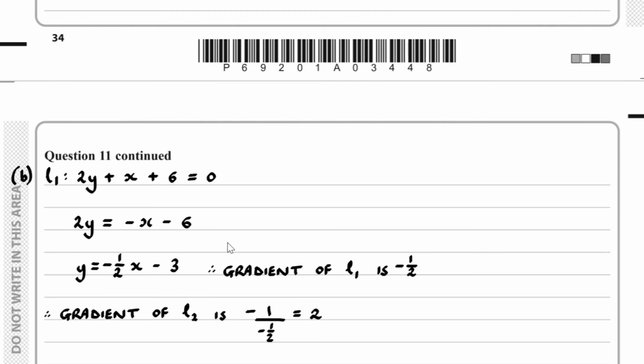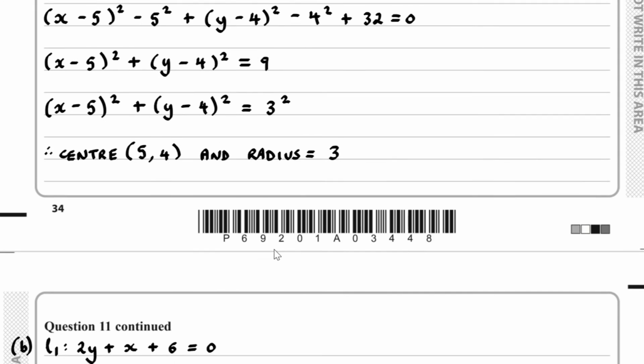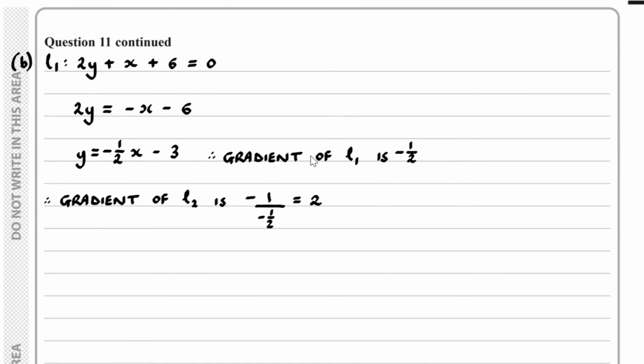So the gradient of L2 is 2. And we know that L2 passes through the centre with coordinates 5, 4. And so if I consider the point 5, 4, the equation of the line L2, we have y minus 4 equals 2 multiplied by x minus 5.